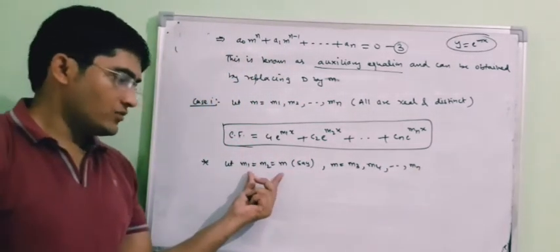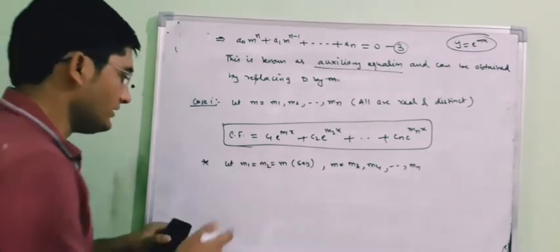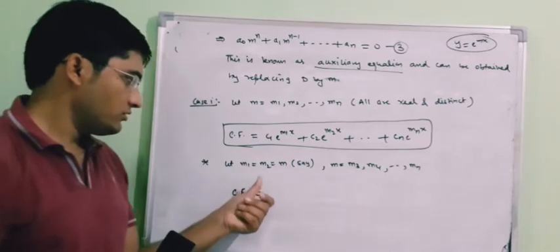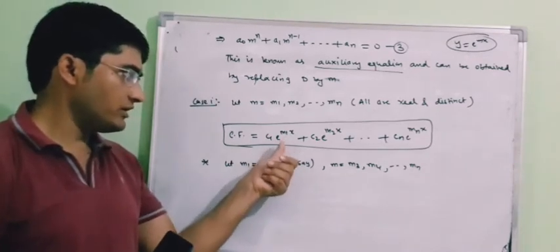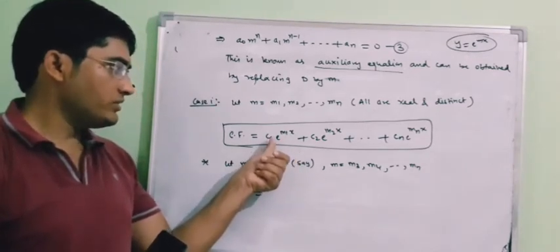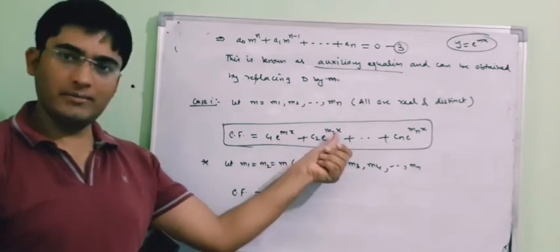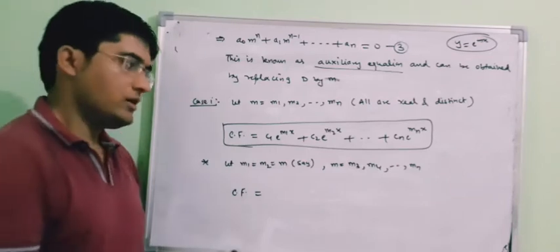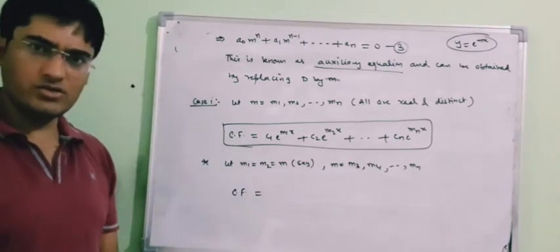Now as two are equal, in this case our CF will be, if we put m1 equal to m2 here, c1 e to power mx plus c2 e to power mx. If you take e to power mx common, then we will have c1 plus c2, and c1 plus c2 can be written as another constant a.